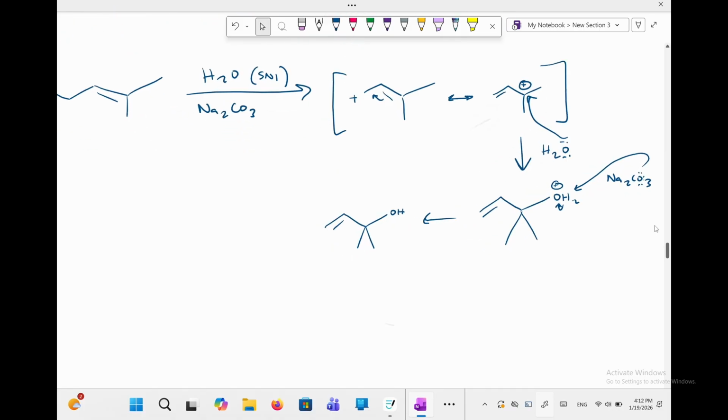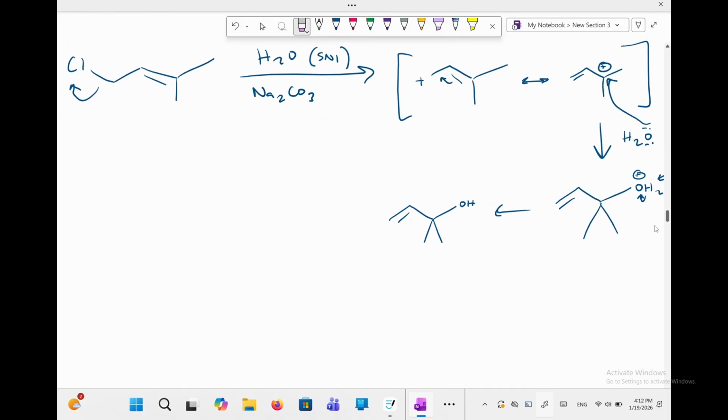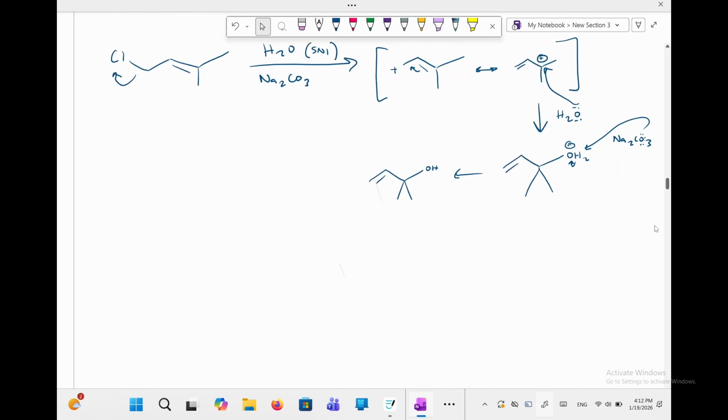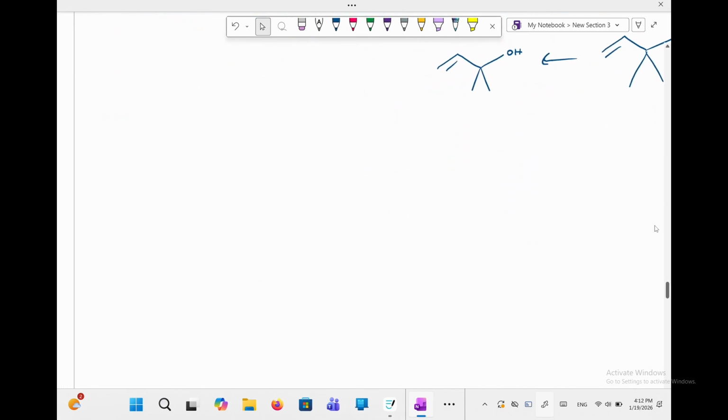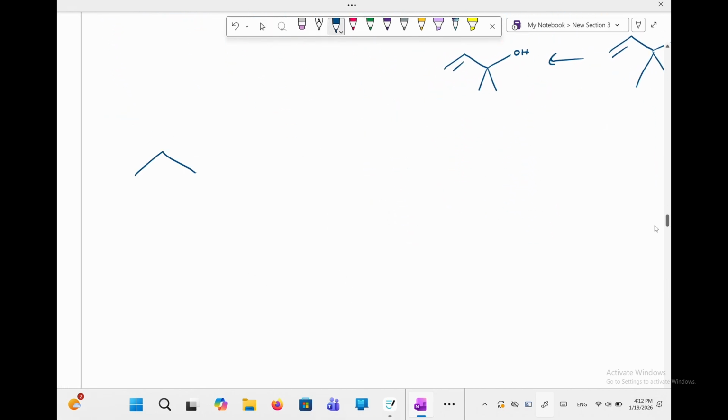Now the next step is to deprotonate this alcohol. Let me use the whole space. Now the next step is that I want to deprotonate this alcohol, maybe with sodium carbonate again. That's always fun.